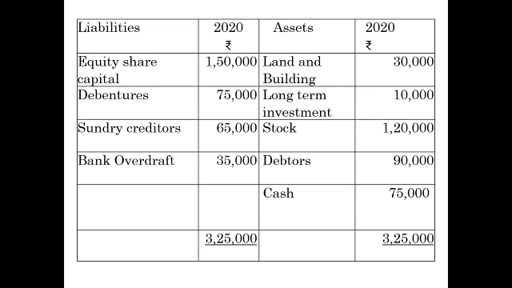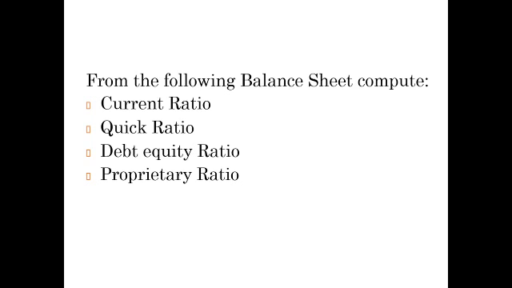Equity share capital 1,50,000, debentures 75,000, sundry creditors 65,000, bank overdraft 35,000, and on the asset side, land and building, long term investment, stock, debtors, and cash. With this given information, we need to calculate the four ratios.